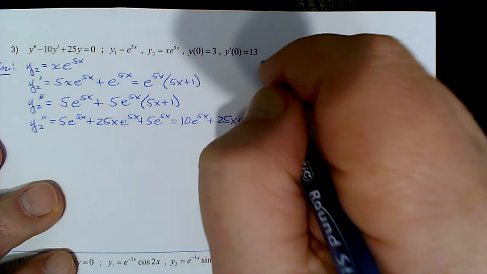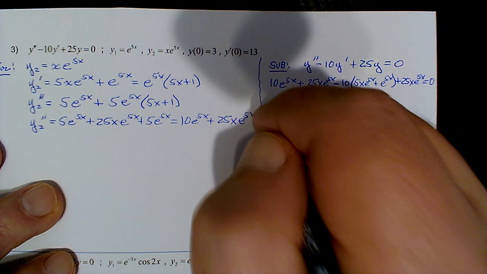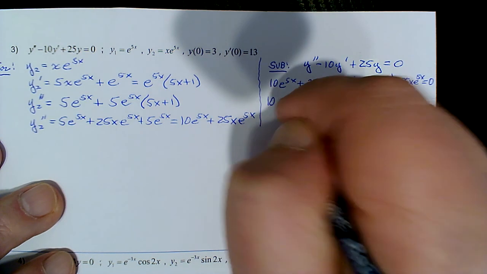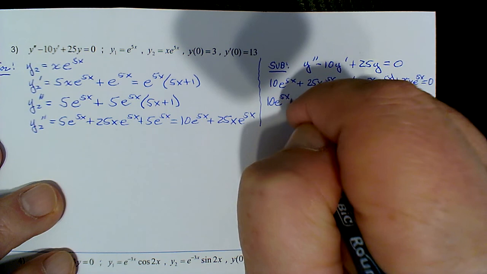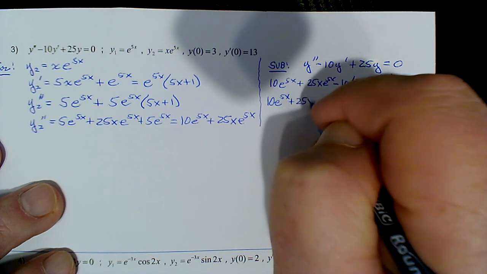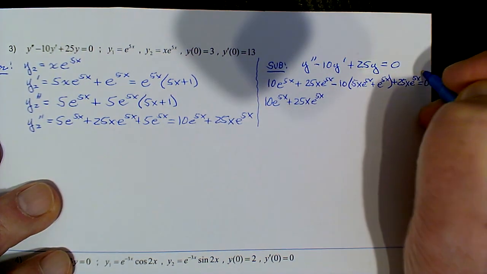Just separating this so we don't get confused. Take the time to show this. 10e to the 5x plus 25x e to the 5x. Oh, I should put a little question mark above the equals, right?